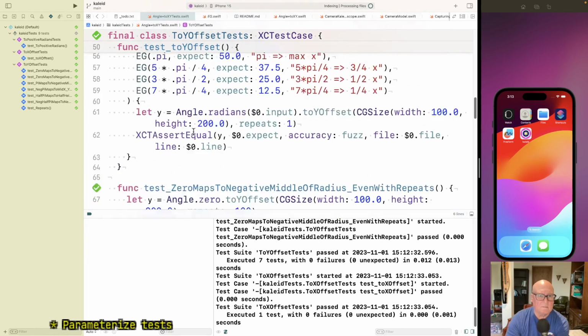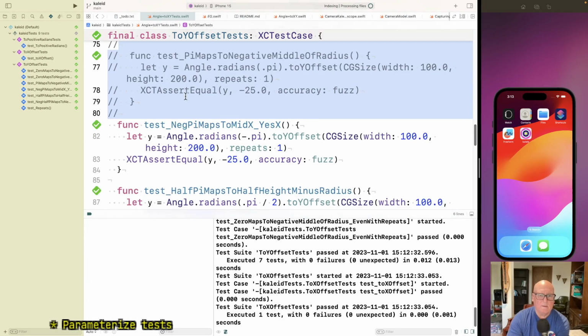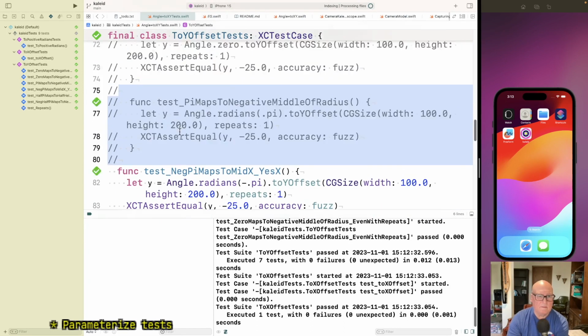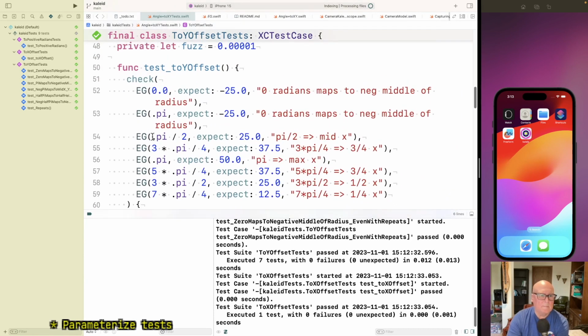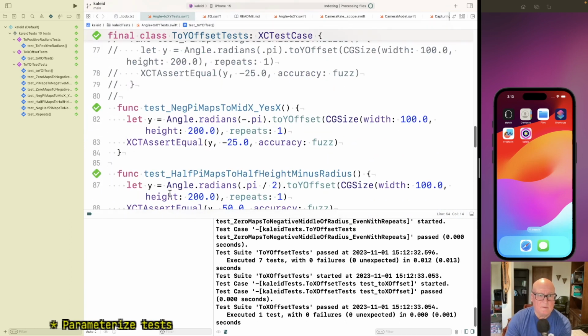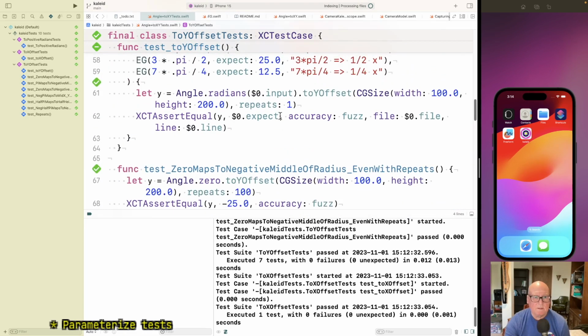This one's confusing, but negative pi maps to negative 25. Negative pi maps to mid x. Is minus 25.